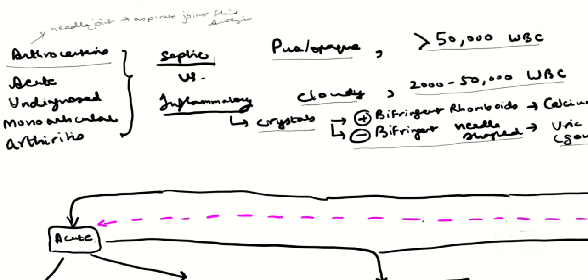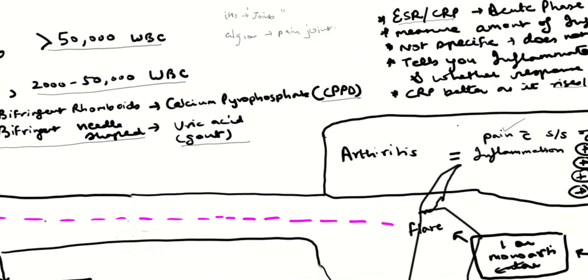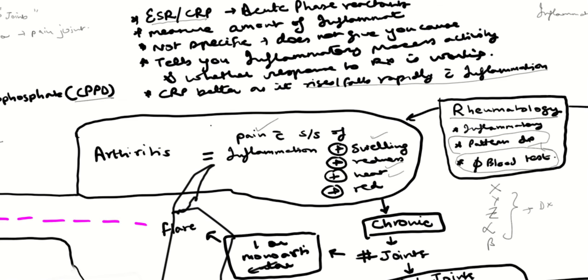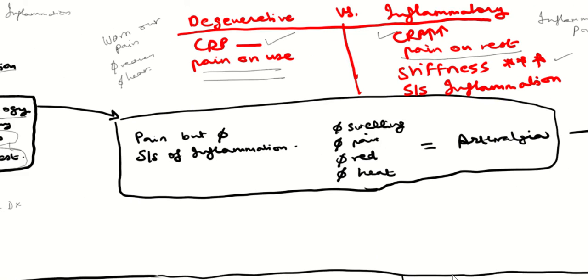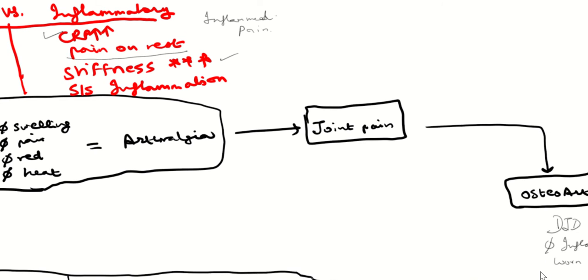Again, the physician does that, and it helps us differentiate septic versus inflammatory arthritis. ESR and CRP, how we can track the amount of inflammation, even though it may not help us get to the source of the inflammation. We talked about degenerative versus inflammatory diseases.